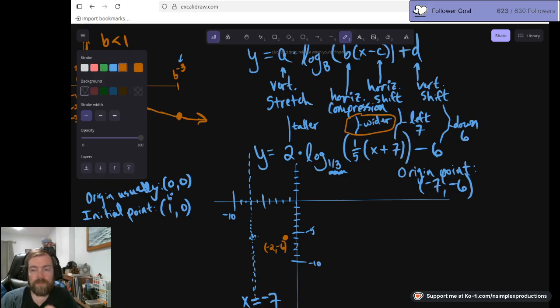All right, then from here, this is actually pretty easy. In our normal log base 1/3, every time we move up 1, we're multiplying our x distance by 1/3.